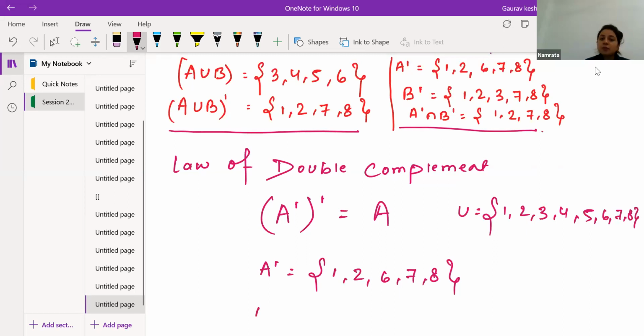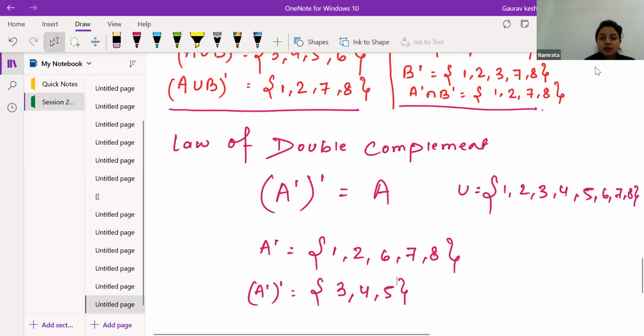So if we do the complement of this again, can you tell me what the elements will be? 3, 4, 5. That's it. Right? Yes.